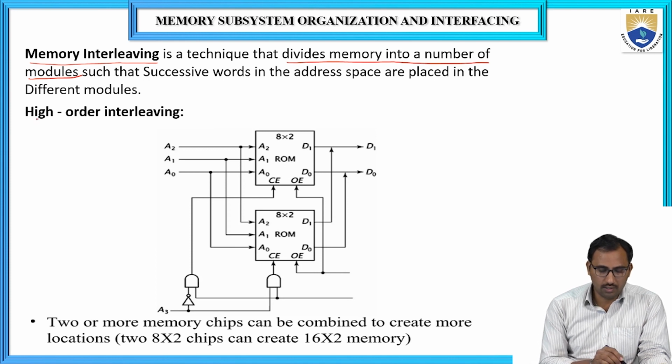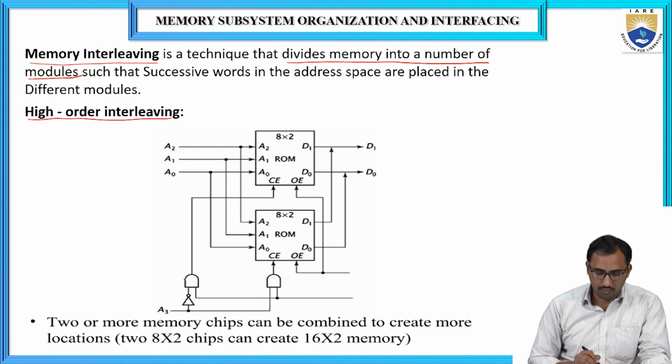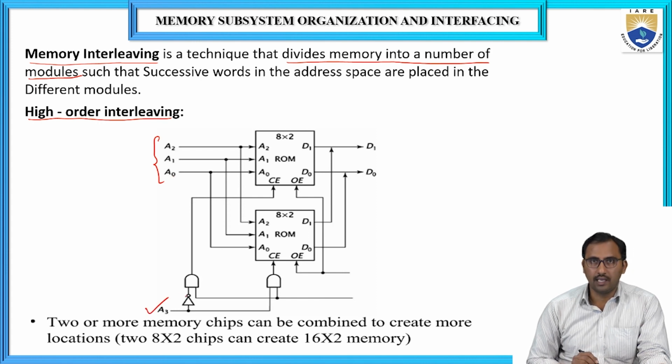This is called high order interleaving. For this, we require four address lines: A0, A1, A2, and A3.